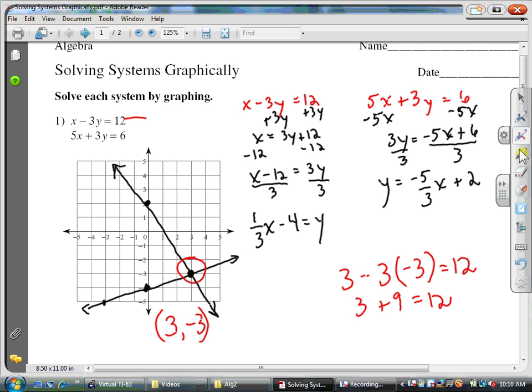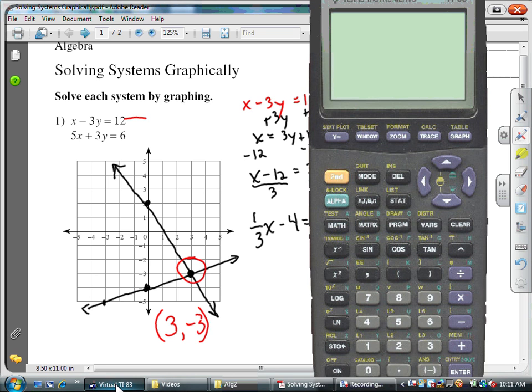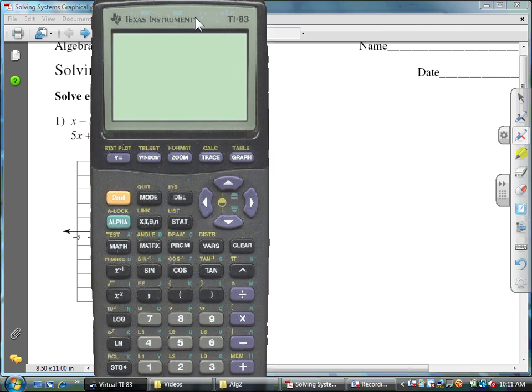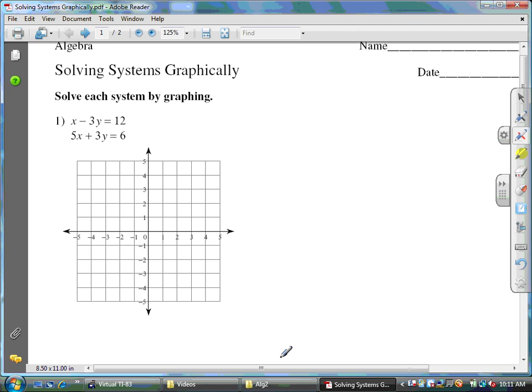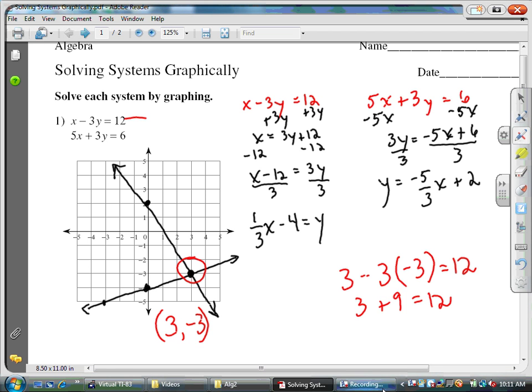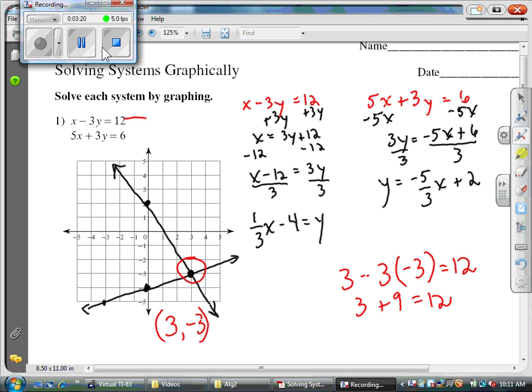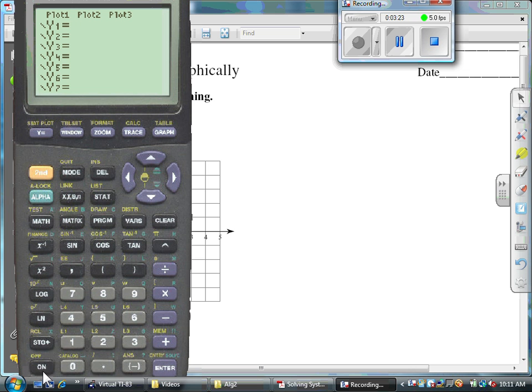What we're going to do now is we're going to go ahead and plug this equation into the calculator. Okay, so what I'm going to do now is I'm going to graph both of the equations in my calculator.